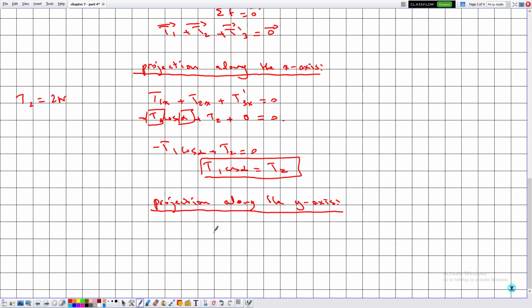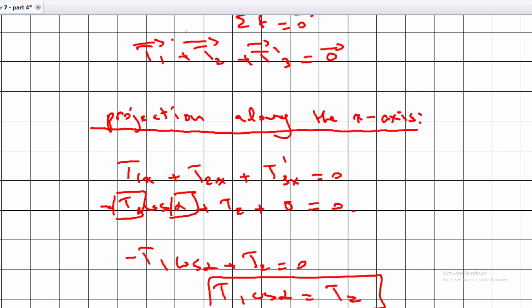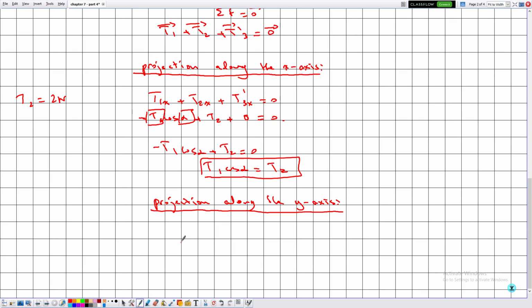Now in this case we have the vector equation. We drop down the vectors and each vector quantity will carry the label y: T1y plus T2y plus T prime 3y equal to 0.